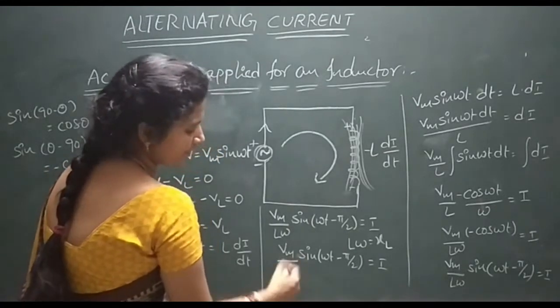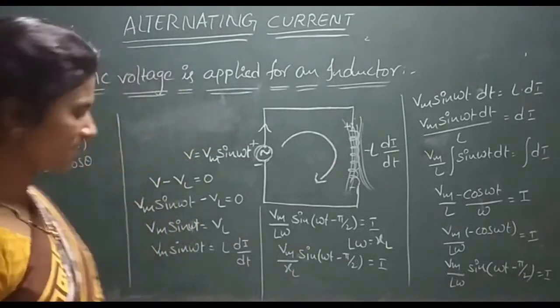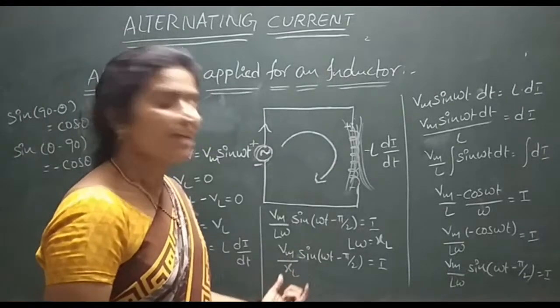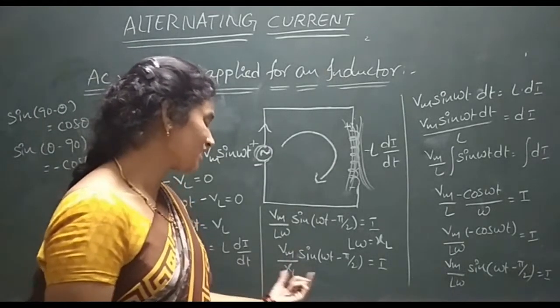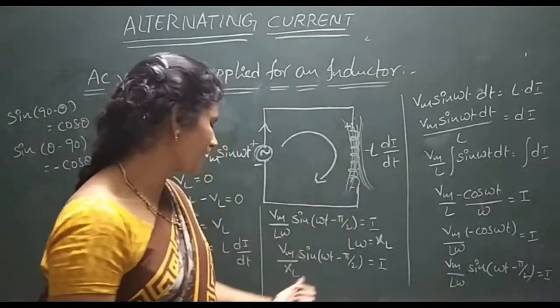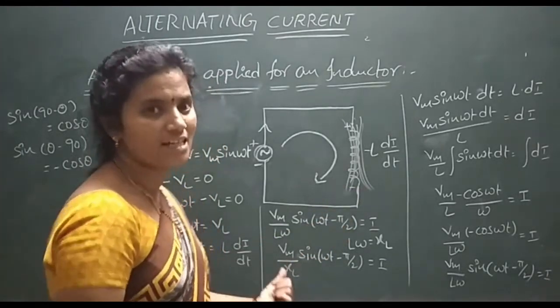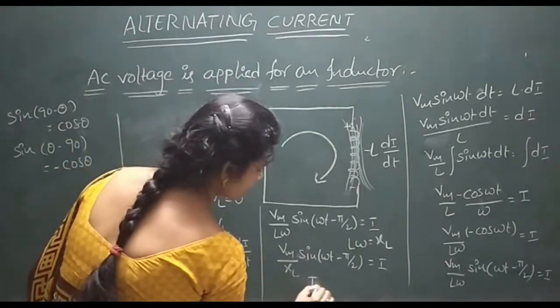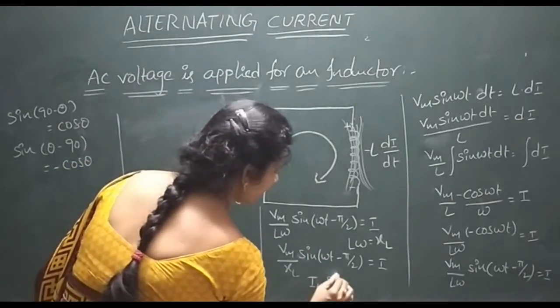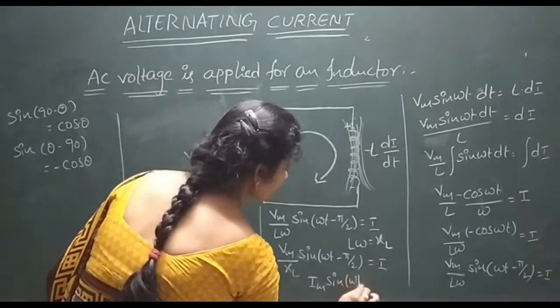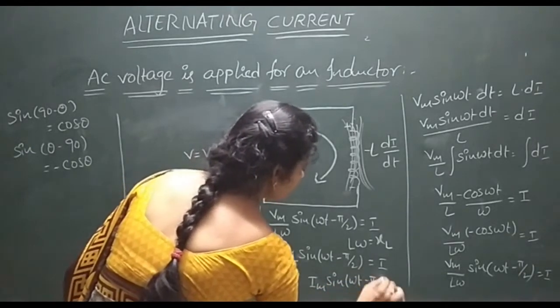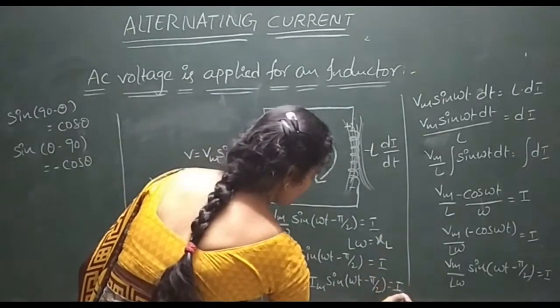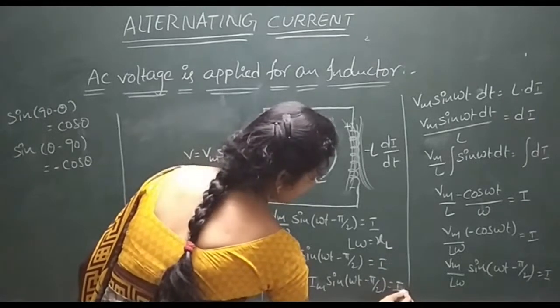This is also a resistance, the resistance offered by the inductor. So Vm by XL can be written as Im, and Im sin omega t minus pi by 2 equals I. This is the maximum current.